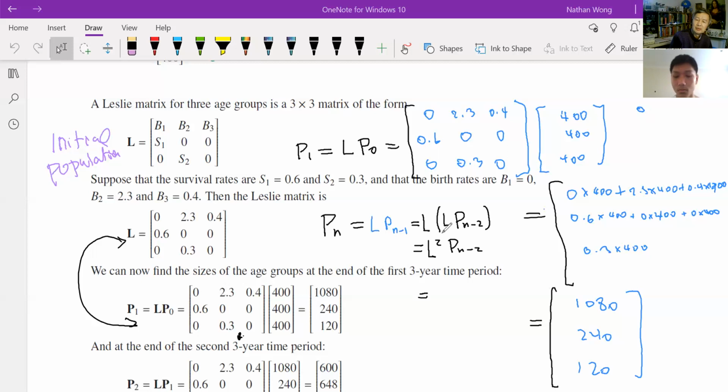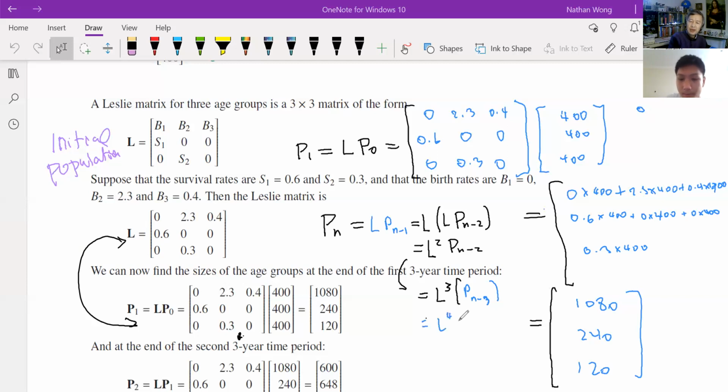How to rewrite P_{n-2} in terms of previous years? You wrote cubed already. Yeah, n minus 3, yes. Good. Can you see the pattern show up?